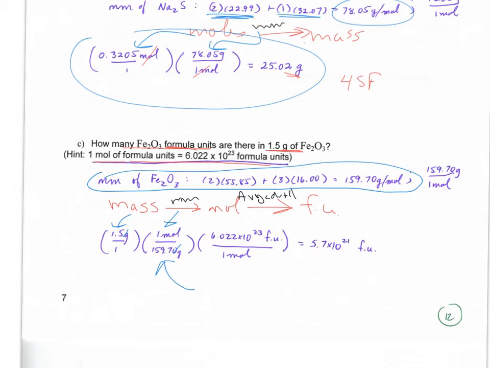Now here's how we use Avogadro's number, and we want moles to cancel, so put moles on the bottom and 6.022 times 10 to the 23rd formula units on the top. So multiplying it out, rounded to two significant figures, we get 5.7 times 10 to the 21st formula units. So I hope that all was helpful.